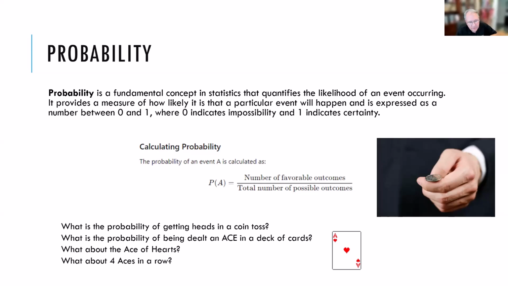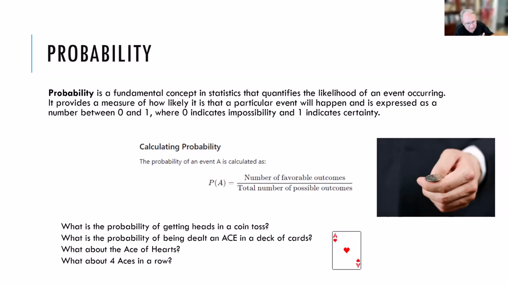Now this will be a trick question. What is the probability of getting 4 aces in a row? So if you're dealt the first card, what is the chance of getting an ace? It's 4 in 52. What is the chance of the second card being an ace? How many aces are left? Well, there's one less card as well. There's 1 less card, so there's only 3 aces and there's only 51 cards.